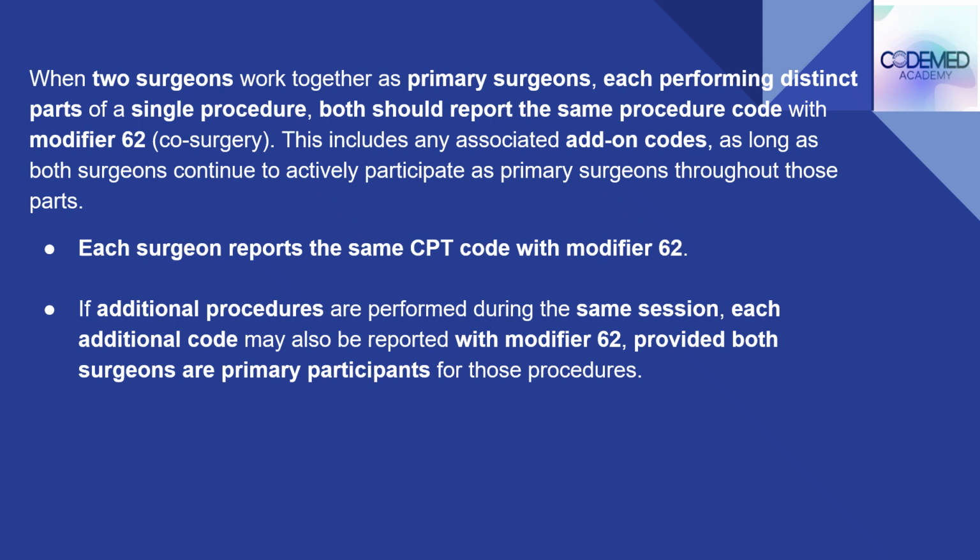This includes any associated add-on code as long as both surgeons continue to actively participate as a primary surgeon throughout those parts. Each surgeon reports the same CPT code with a modifier 62. If additional procedures are performed during the same session, each additional code may also be reported with the modifier 62, provided both the surgeons are primary participants for this procedure.